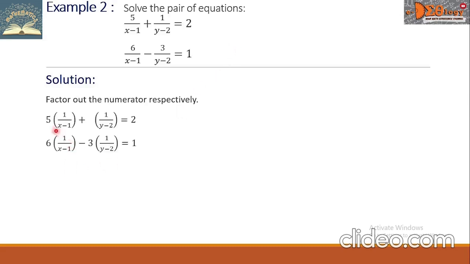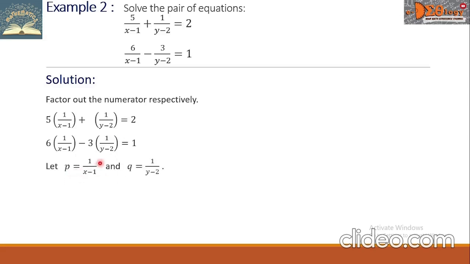The first equation becomes 5 times 1 over x minus 1 plus no change in the fraction with y variable equals 2. Second equation, 6 times 1 over x minus 1 minus 3 times the fraction 1 over y minus 2 equals 1.